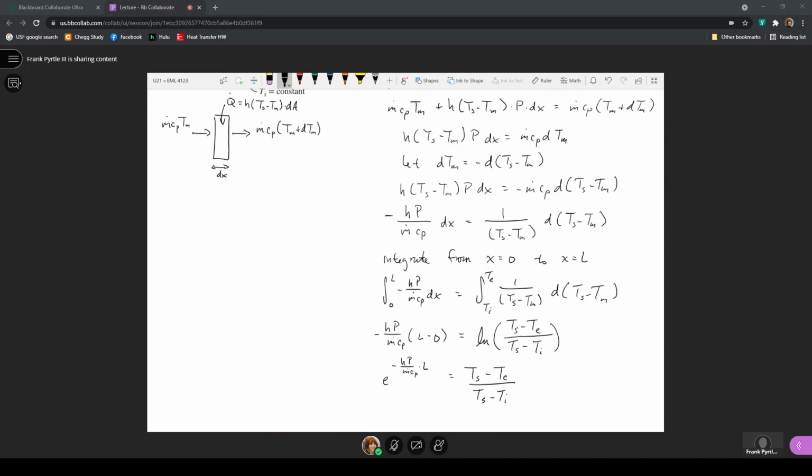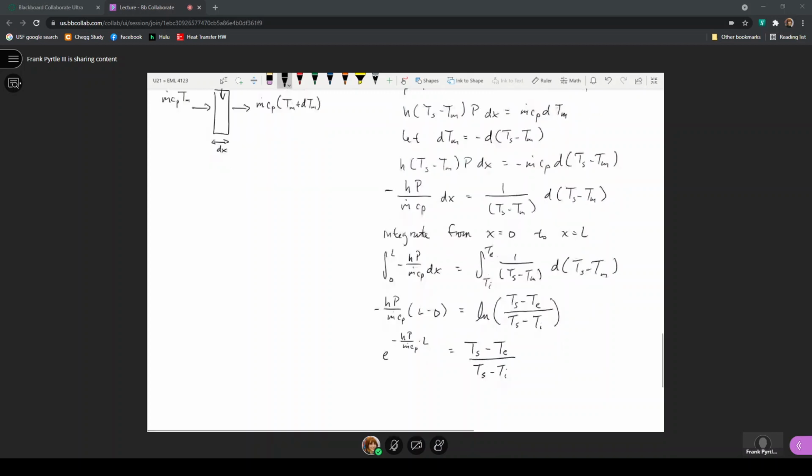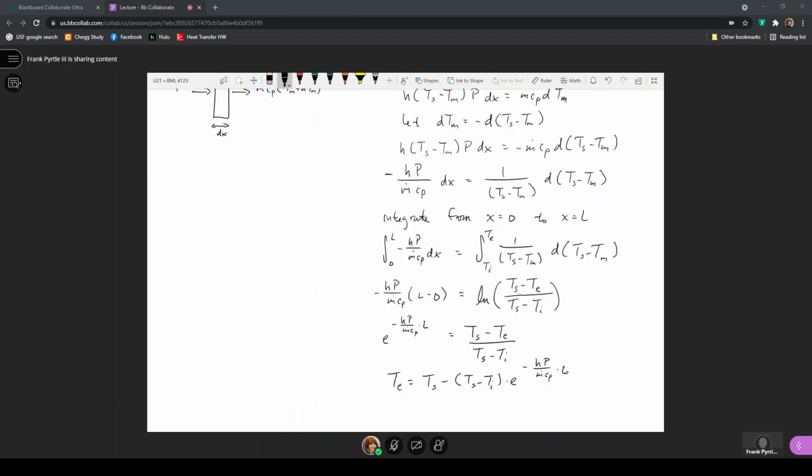And here, if I solve for the exit temperature, this expression says that the exit temperature will be the surface temperature minus the quantity surface temperature minus Ti, times the exponential of minus hP over m dot c sub p times L. So this allows me to calculate what the temperature at the exit is.